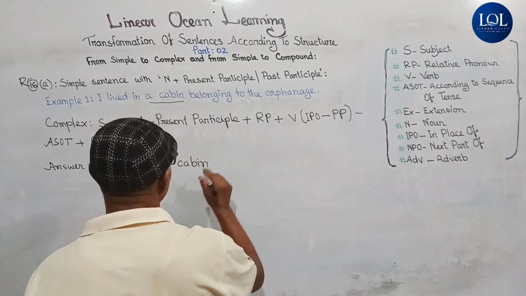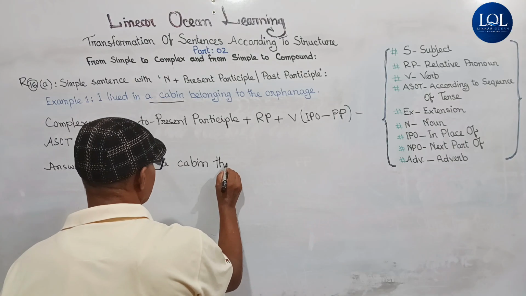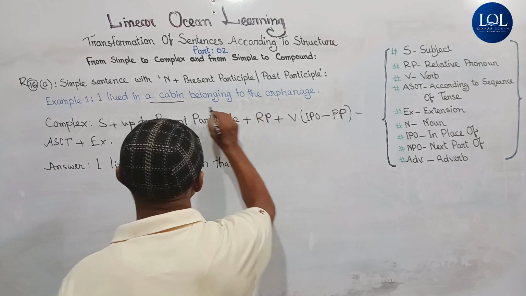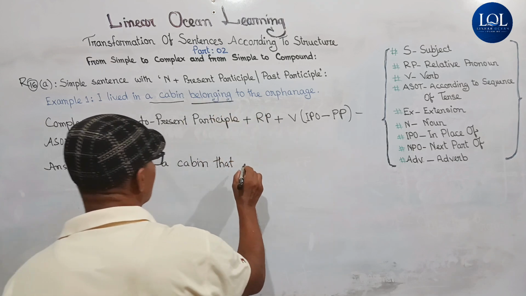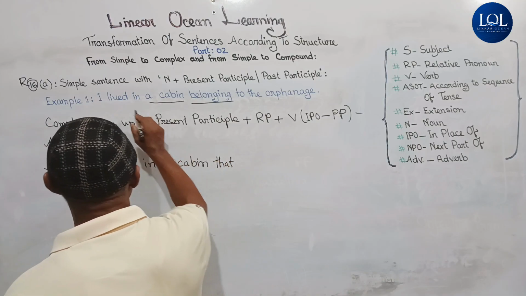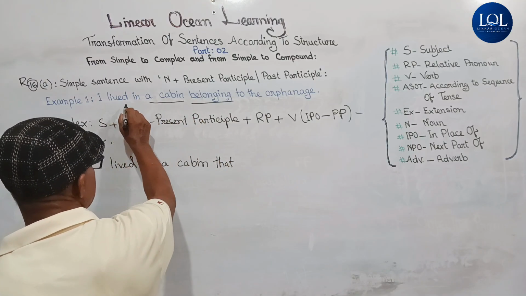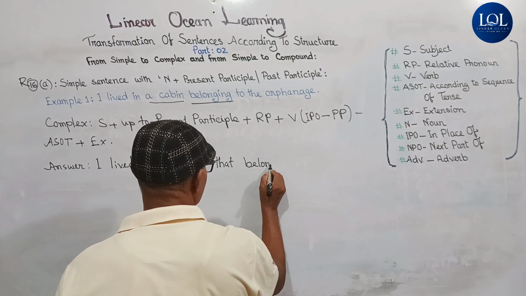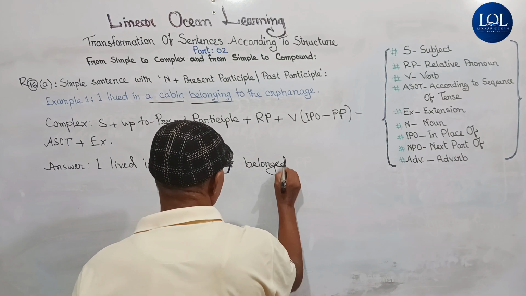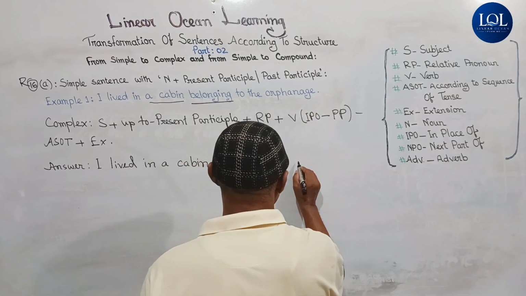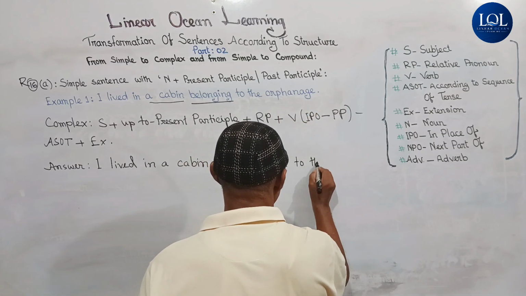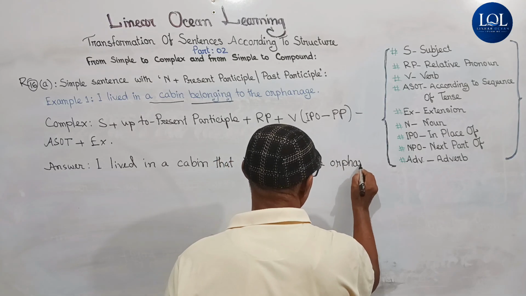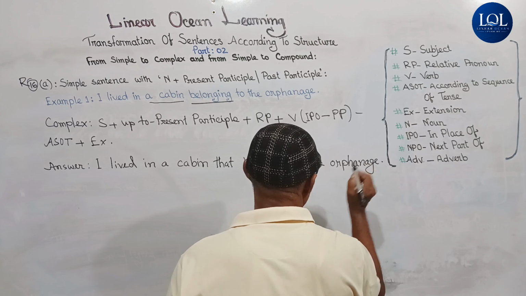And its relative pronoun will be that, plus verb in place of present participle. This one is present participle and its verb will be belonged. Why? Because the sentence is in past indefinite tense, that belonged. Then extension, to the orphanage.